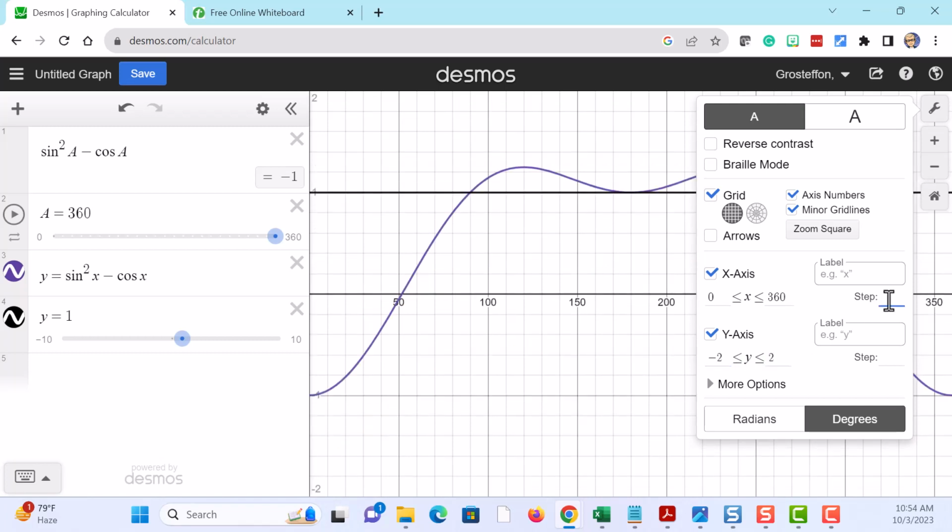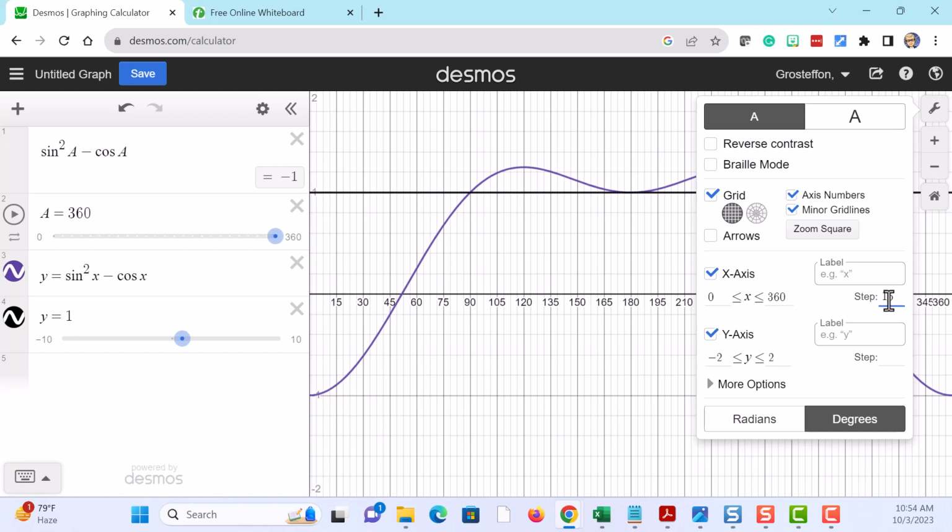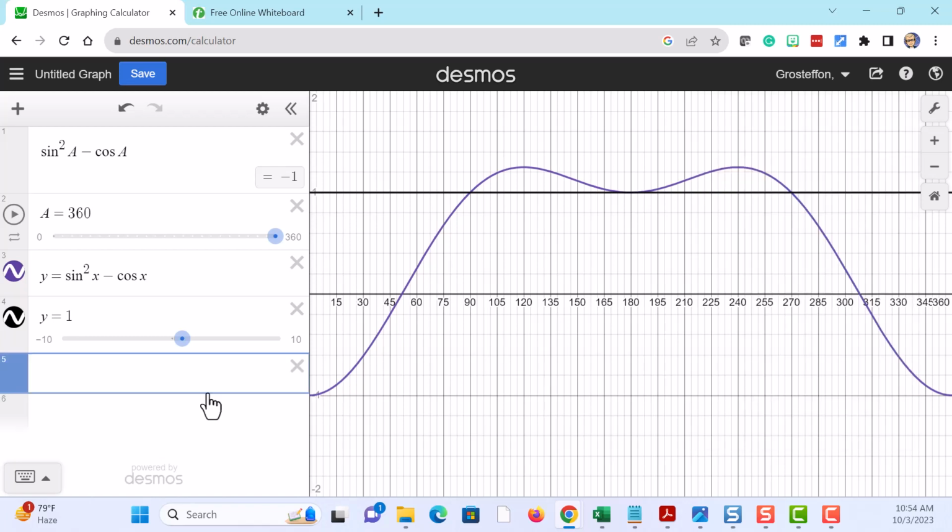And for the x values, again, I'll use a step of 15. Now we can see the graph more clearly, and we see that there are 1, 2, 3 points of intersection. If we click on the first one, it tells us that 90 degrees is the first solution. For the second one, 180 degrees is the solution. And for the third one, 270 degrees is the solution.